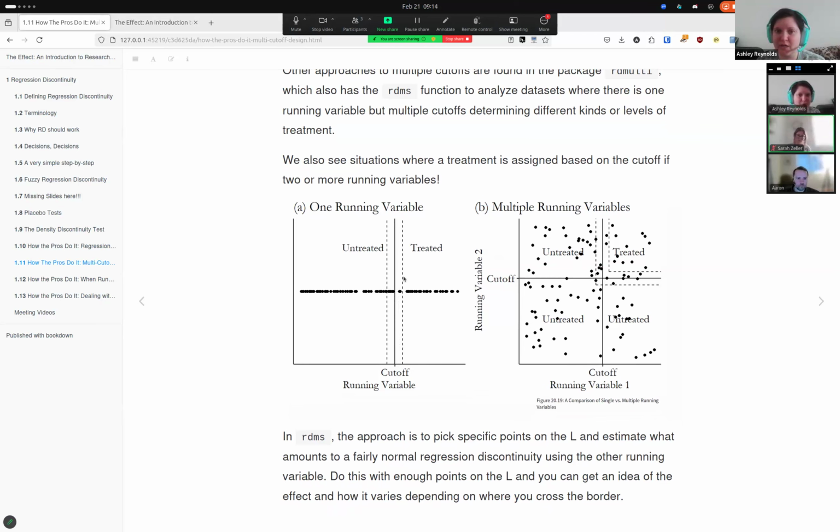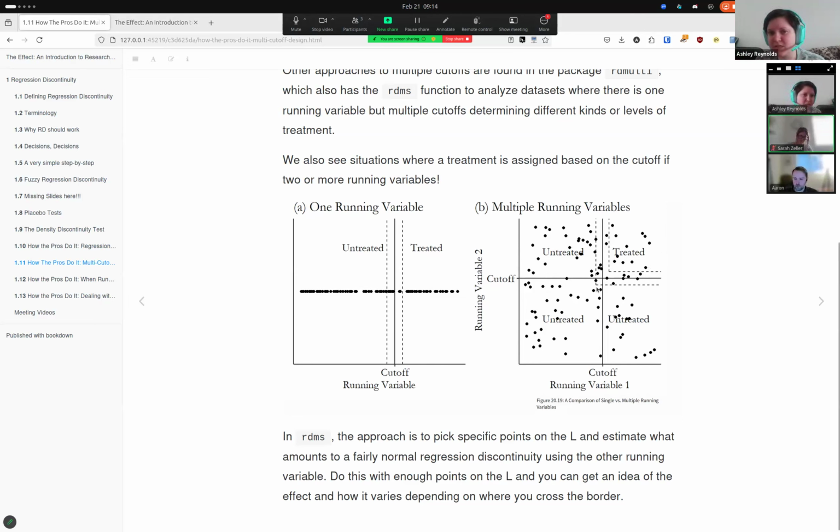It's very straightforward. As soon as you add a second running variable into the mix, we get this really complicated relationship where most of our values are untreated, and we only see this narrow subset of data up in the top right of this graph on the right that is actually treated.